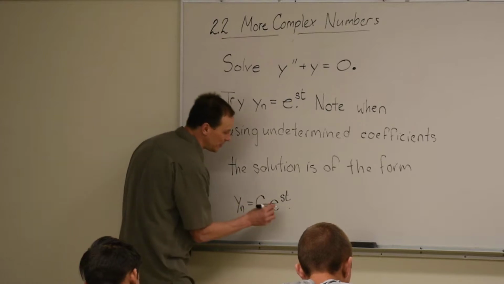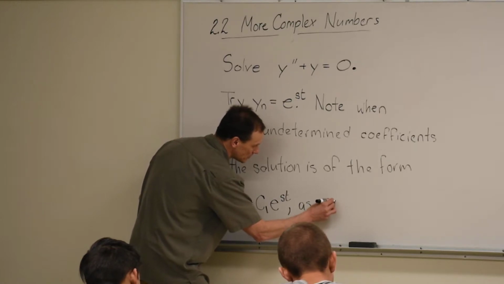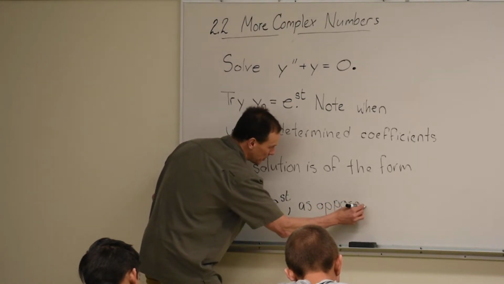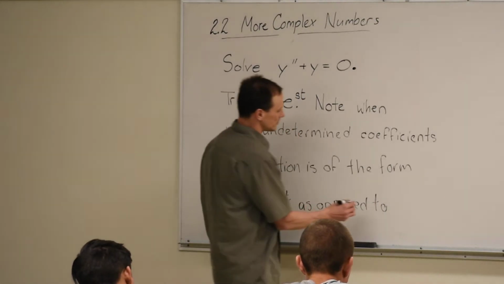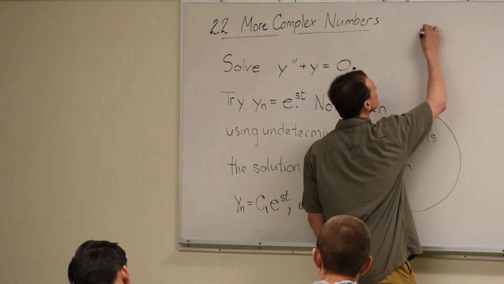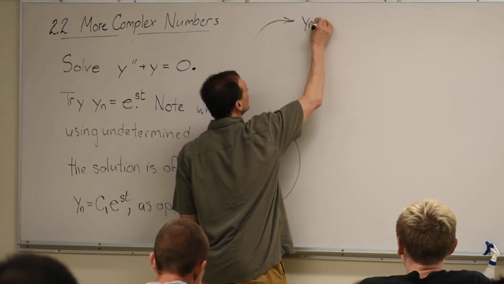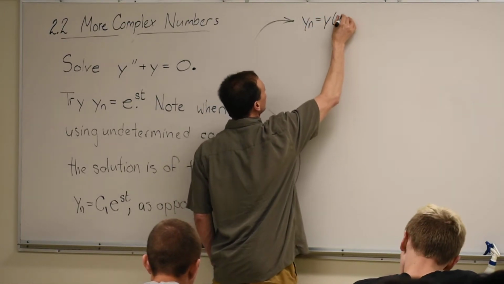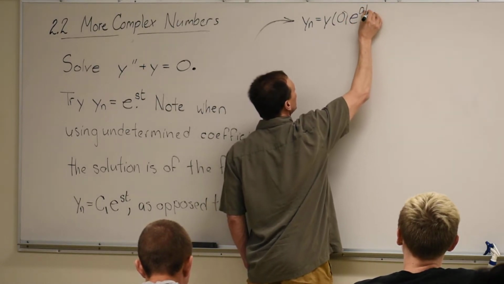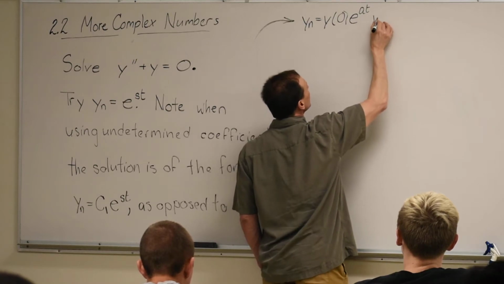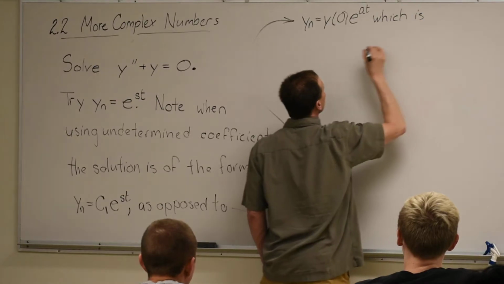And then I'm going to put, as opposed to y n equals y of 0 e to the at, which is automatically found.